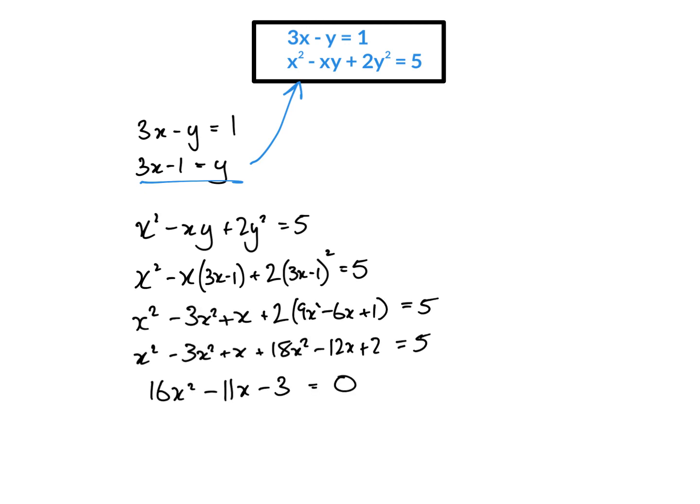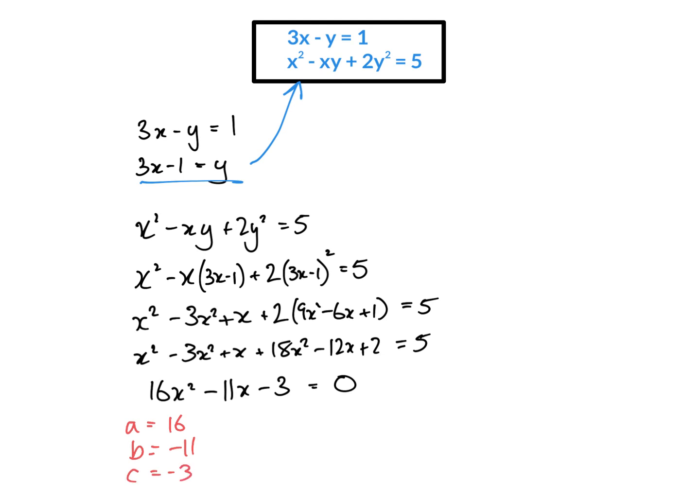And so we have a quadratic equation. I can't think of two numbers that multiply to give minus 48 and add to give minus 11. So I'm going to go straight to the quadratic formula here and say for my formula, my value of a is 16, my value of b is minus 11, and my value of c is minus 3.